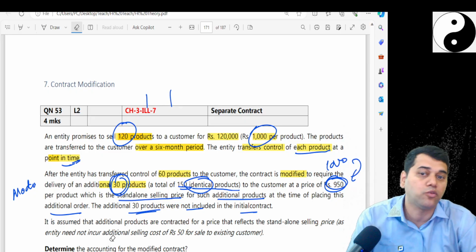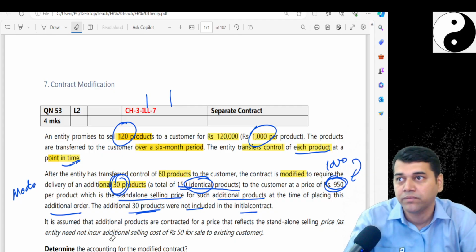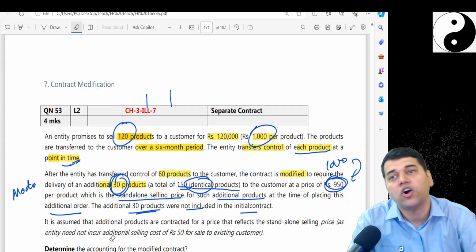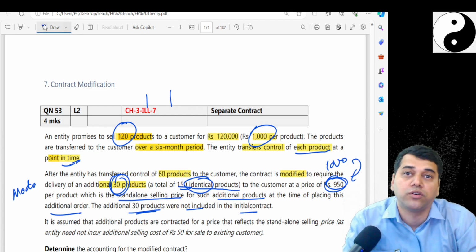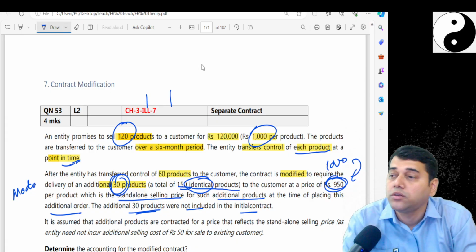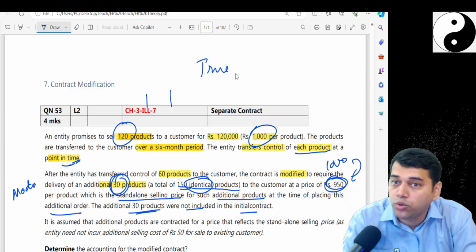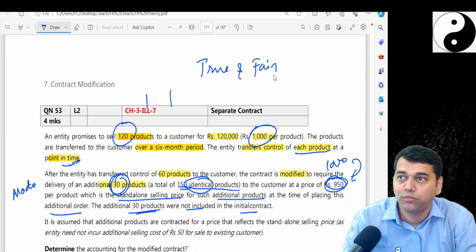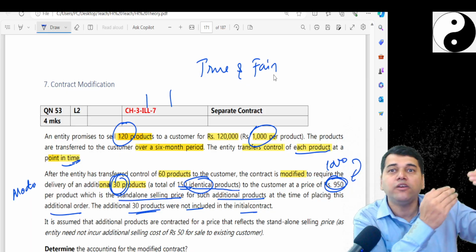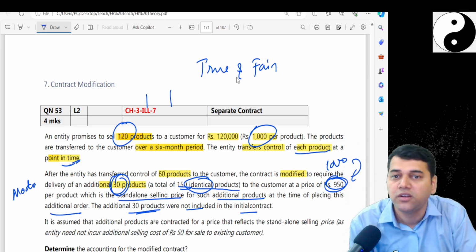So you have to think what they are trying to do, because ultimately, whether it is the management or the auditor, both will look for what? Both will aim to have a true and fair presentation. What is true?